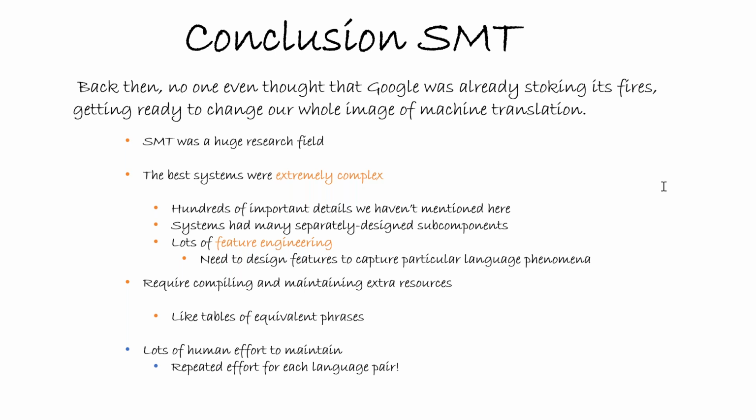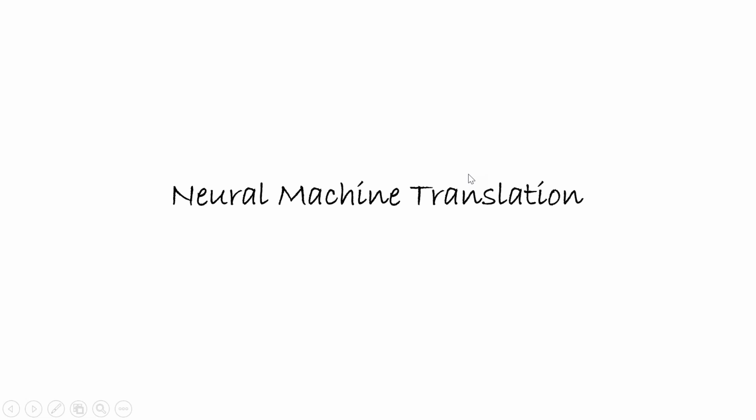That was a challenging task with SMT, and it is still being used in a few areas, though it has shortcomings with a few things. With that, we'll move ahead with neural machine translation.